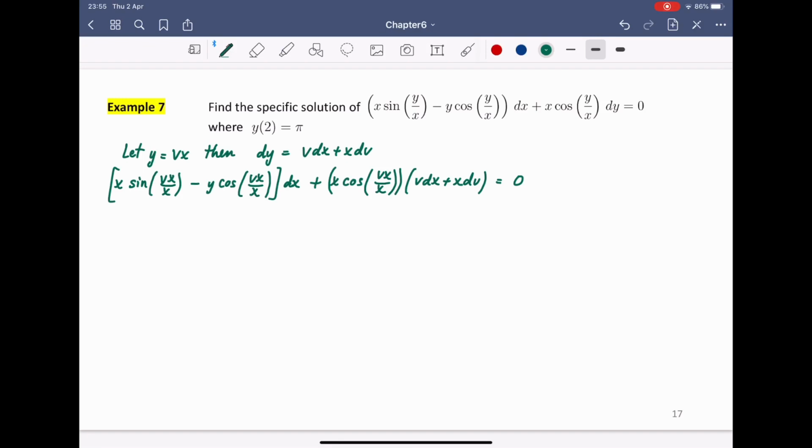Alright, I think I forgot to change y here to be vx, so let's change this to be vx too. Alright, that looks good. The next thing is I'm gonna expand this thing, so I have x sine v dx minus vx cosine v dx, and then plus, so this thing I'm gonna expand it.